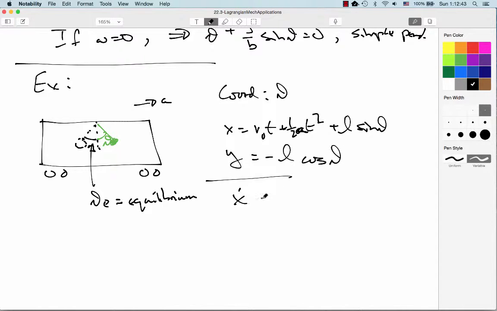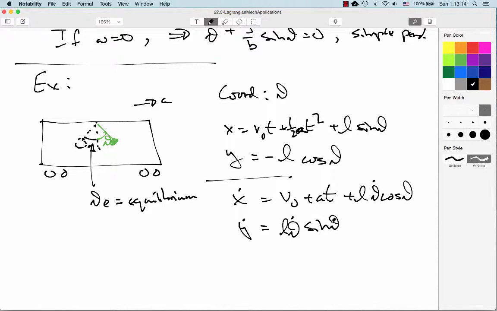So x dot will become, differentiate that, v naught, differentiate that, plus a t, differentiate this, plus L theta dot cosine theta, since the derivative of sine is cosine. Differentiate y with respect to time, we get y dot equals plus L theta dot sine theta.